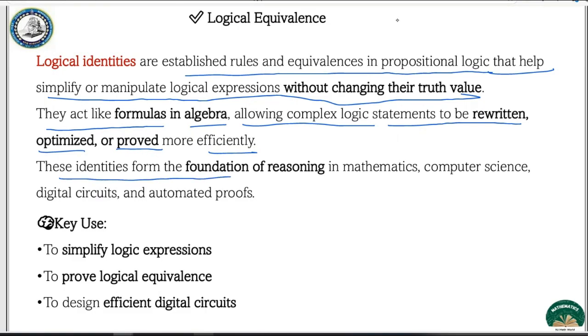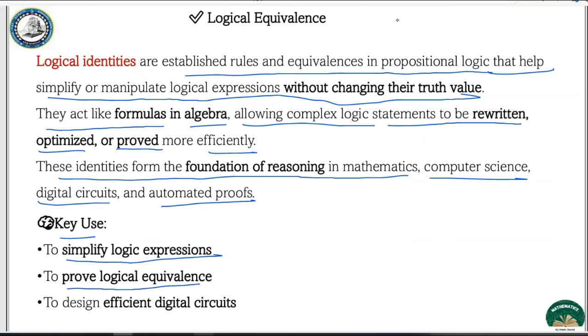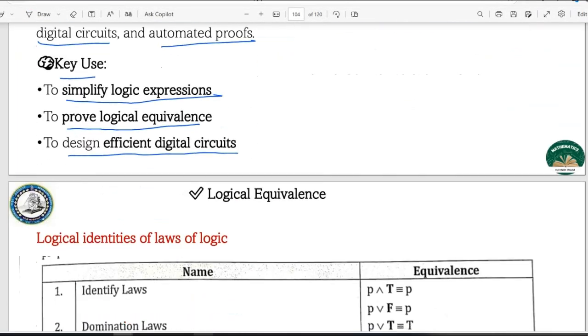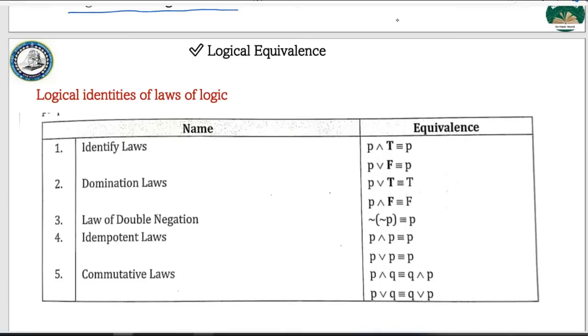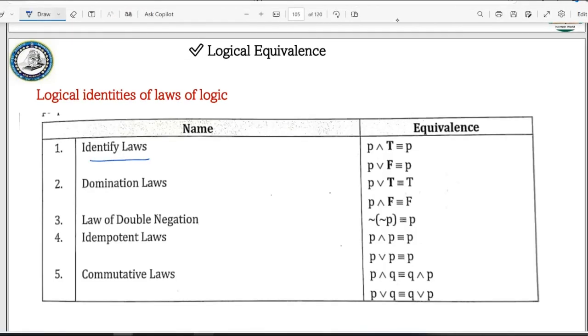These identities form the foundation of reasoning in mathematics, computer science, digital circuits and automated proofs. Key use: simplify logic expressions, prove logical equivalence, and design efficient digital circuits.